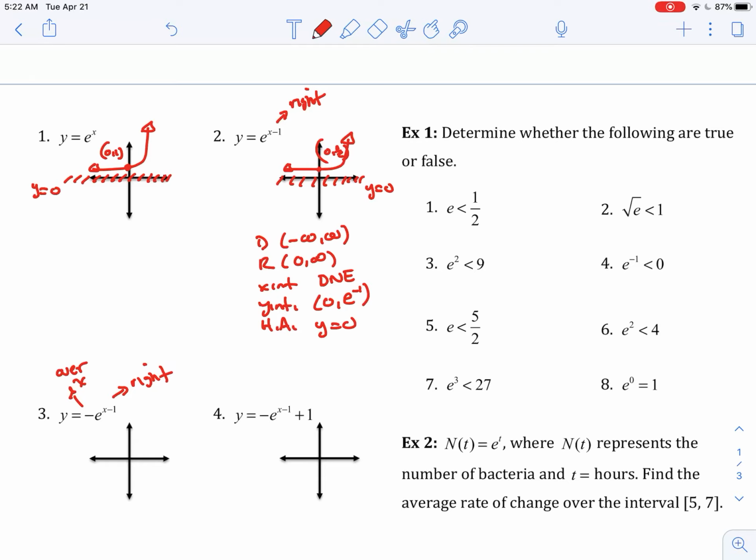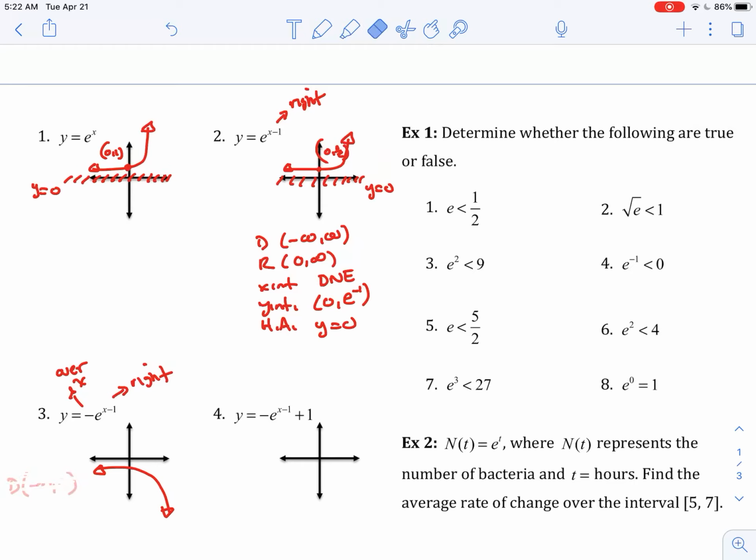We take our graph, which we just did in number 2, shift to the right, and we flip that over the x-axis. Now our graph is going to be down here in quadrants 3 and 4, decreasing from quadrant 3 into quadrant 4.